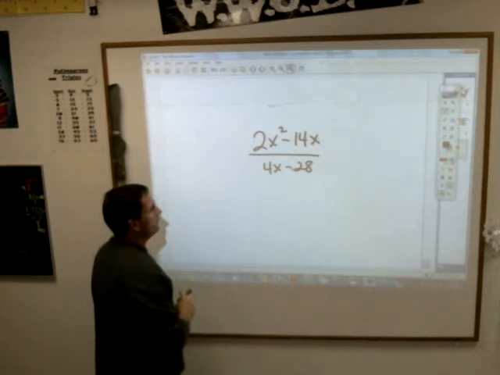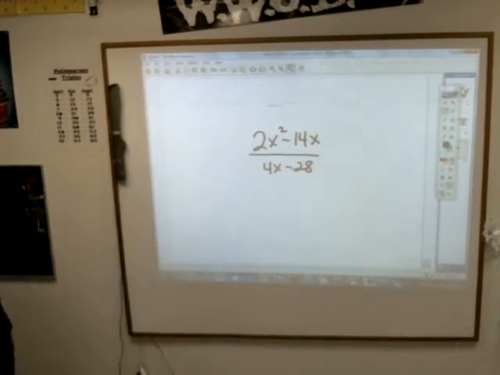I'm going to let you factor both the top and the bottom, tell me what you're left with. Give you a second to do that. What can you take out of those? What can you take out, and what are you left with?